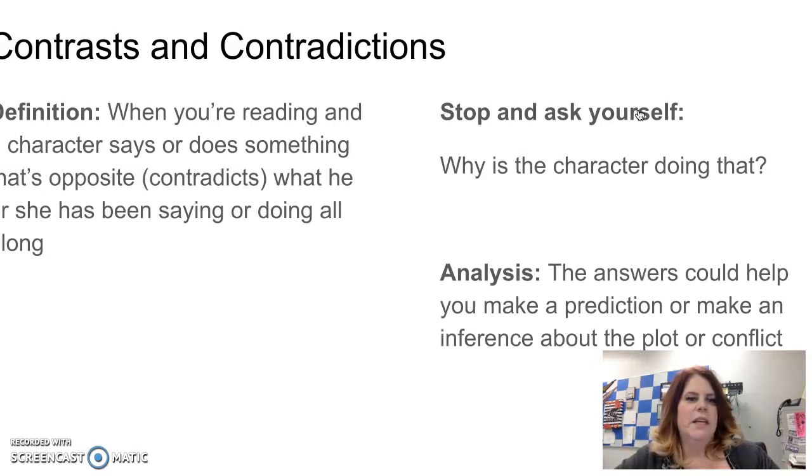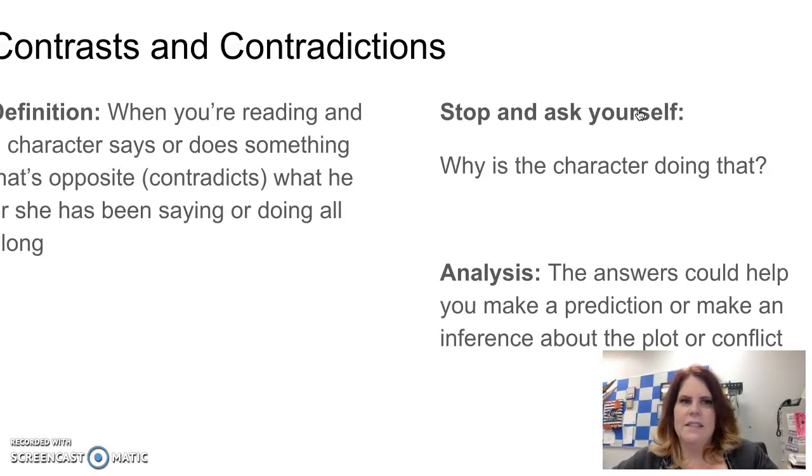So this is when you're reading and the character says or does something that's opposite what he or she has been saying or doing all along, okay? And you should stop and ask yourself, why is the character doing that? That should pop into your head. So if you're reading along and out of the blue it pops into your head, what the heck?